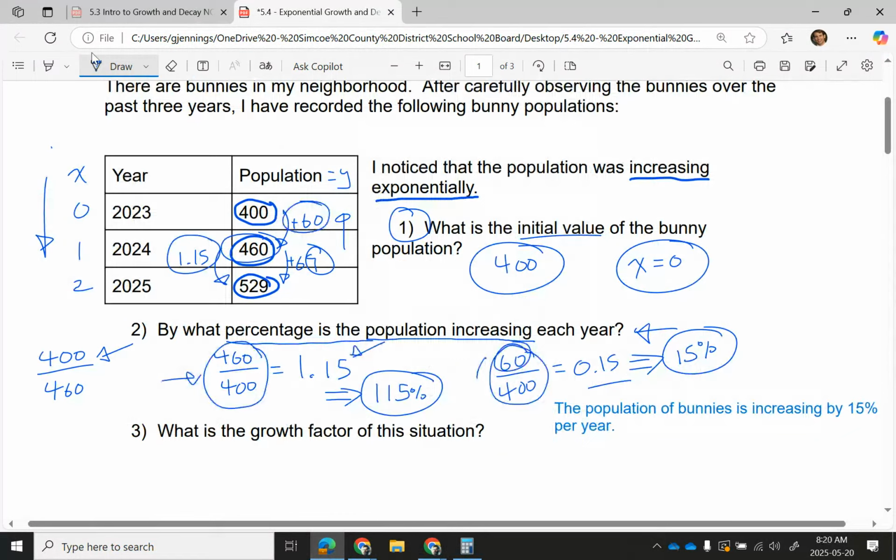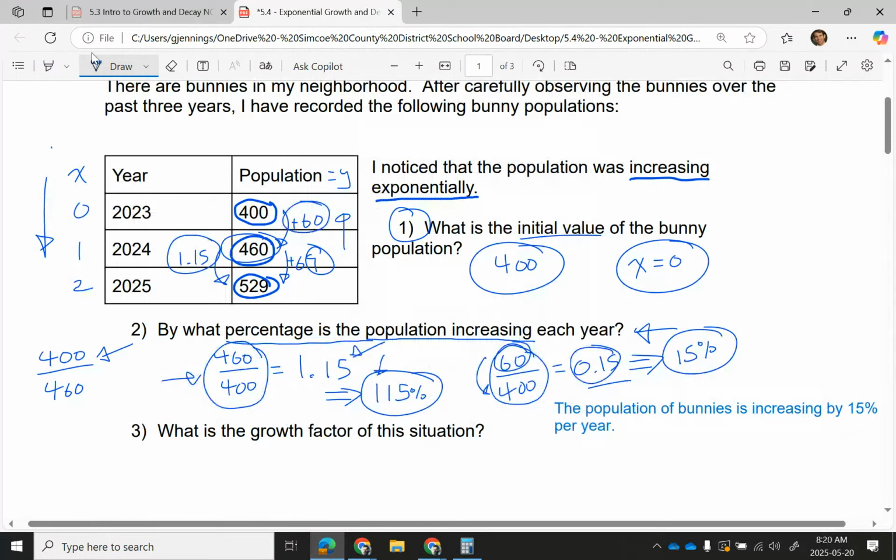Is it increasing by 1.15, 15, or 115? If you multiply by 1.15, you will have one whole of what you had the previous year plus an extra 0.15. In other words, if you multiplied by 115%, you would have 100% of what you had the previous year plus 15 more percent.